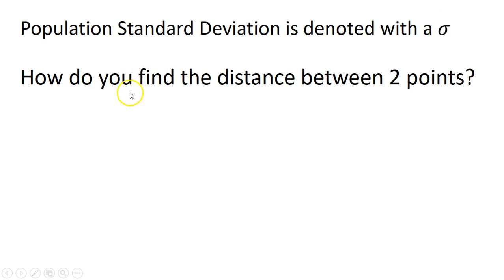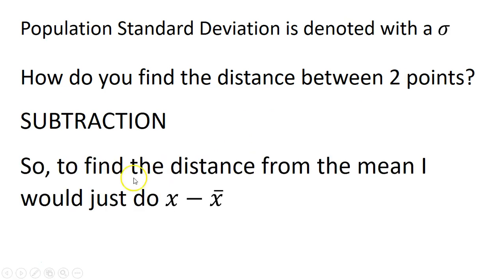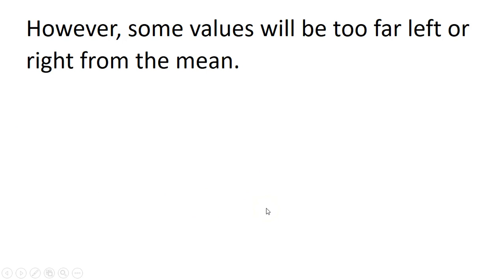So, how do you find the distance between 2 points? It's simple. You just subtract them. So, to find the distance from the mean, I would just do the point you found minus the sample mean. That would be the distance between them.